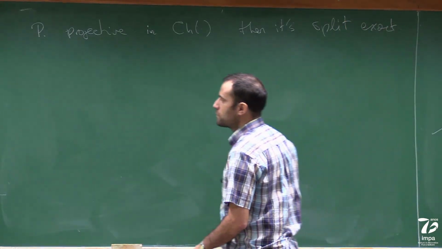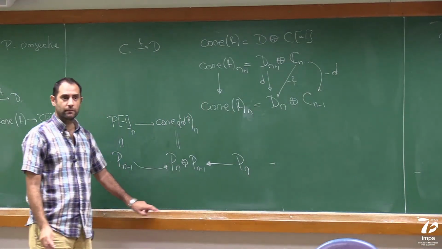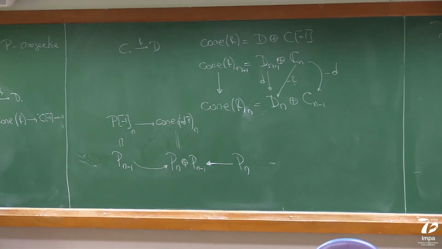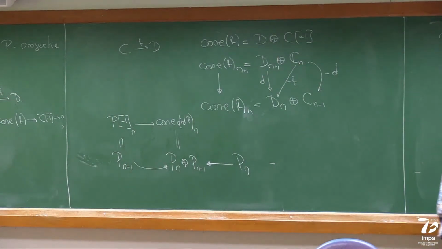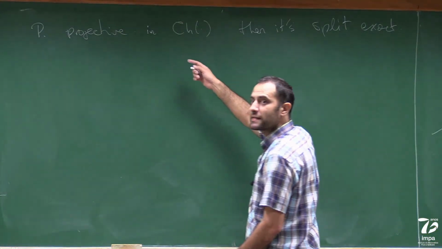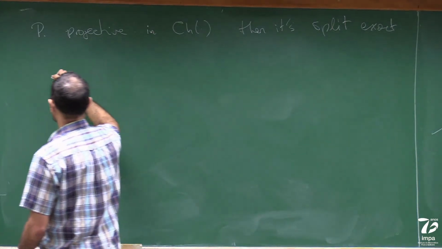Not only did I give you the splitting, but I just told you that F is trivial. It was the identity, it's the same thing as not having that differential. And this is an if and only if. If you have a complex that is split exact, then prove that it's projective. That's an easy consequence the other way around.